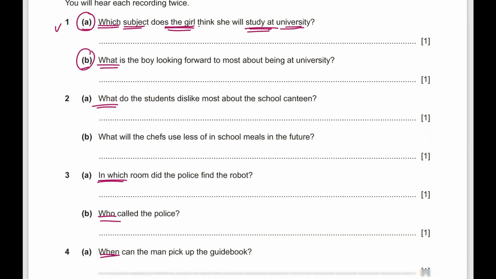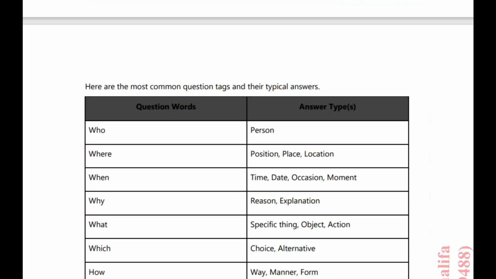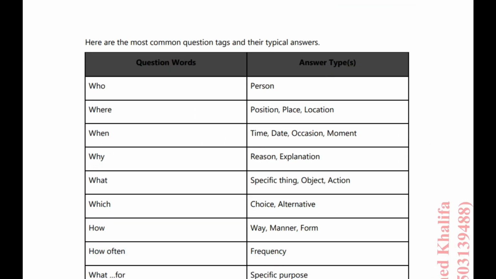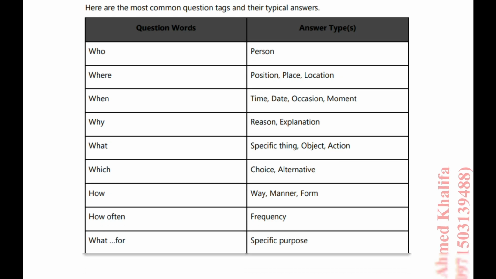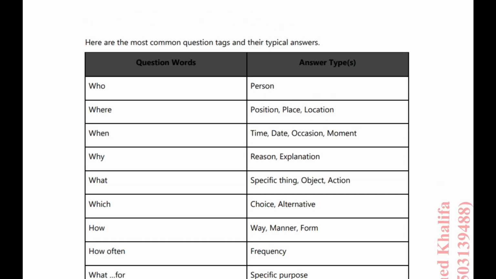That's why I put this here: the most common question words and their typical answers. Here the question word, as you can see, and here the answer types. When I say who, I'm asking about a person. Where, I'm asking about position, place, location. When, I know it might sound silly, but believe me, for some people, it's not silly at all.